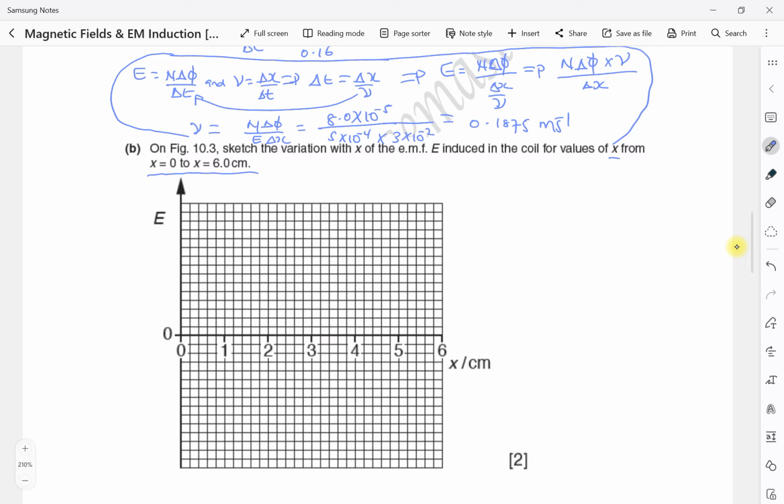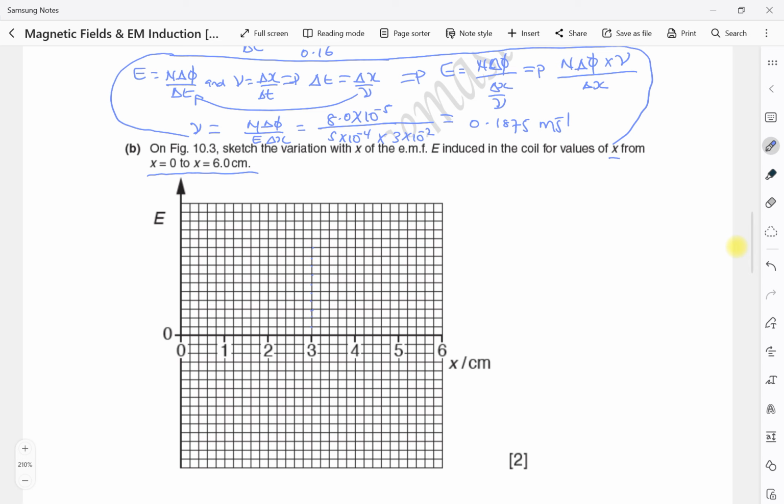So I'll try to use the same number of squares here. There are 15, so to maximize this I'll use 7.